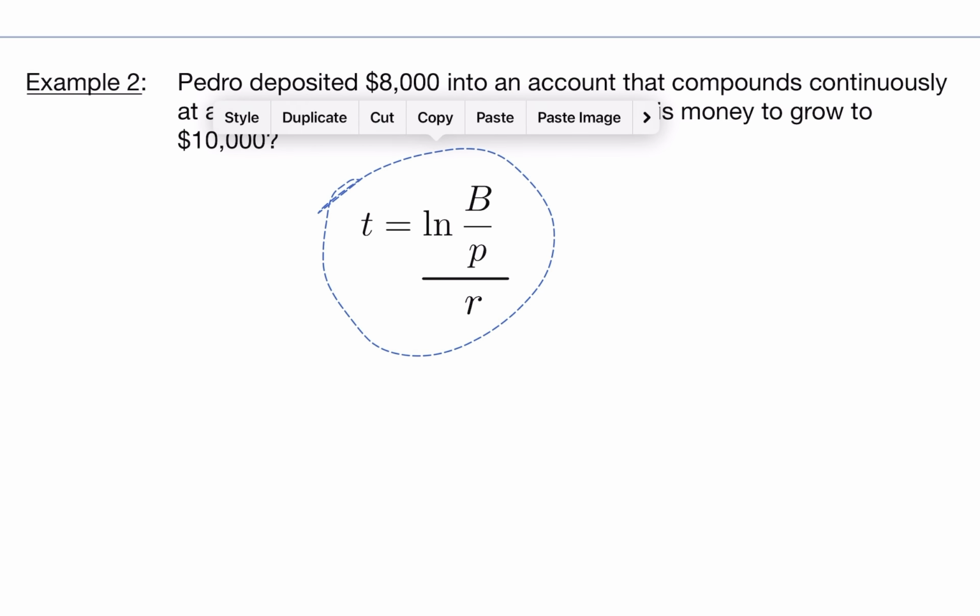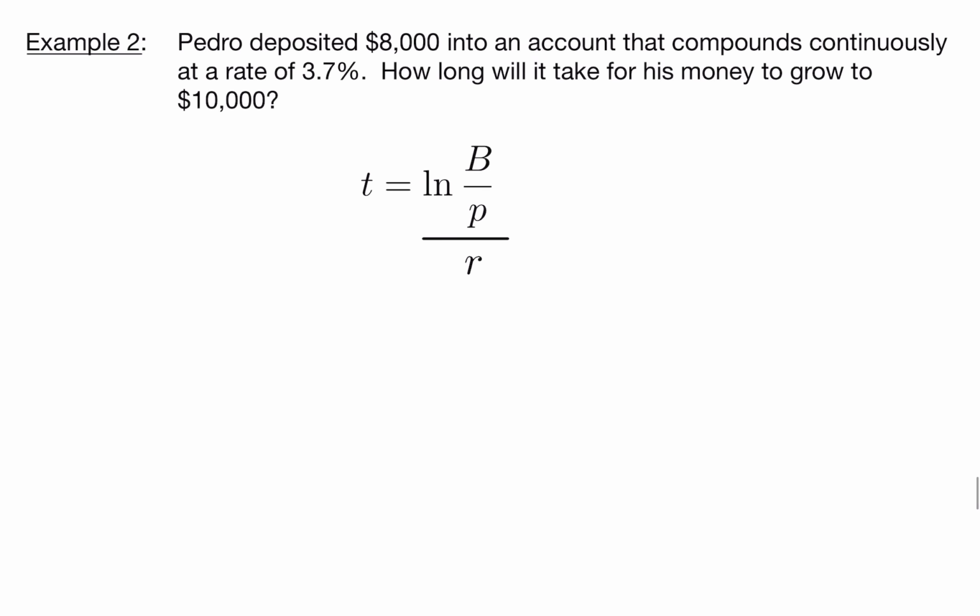Okay, so let's go ahead and paste that equation here. Okay, and we're looking for t, so we can go ahead and plug in these values. So t is going to equal the natural log of the final balance, which is 10,000, divided by 8,000, which is the initial deposit, all divided by the interest rate in decimal form. So that's going to be 0.037.